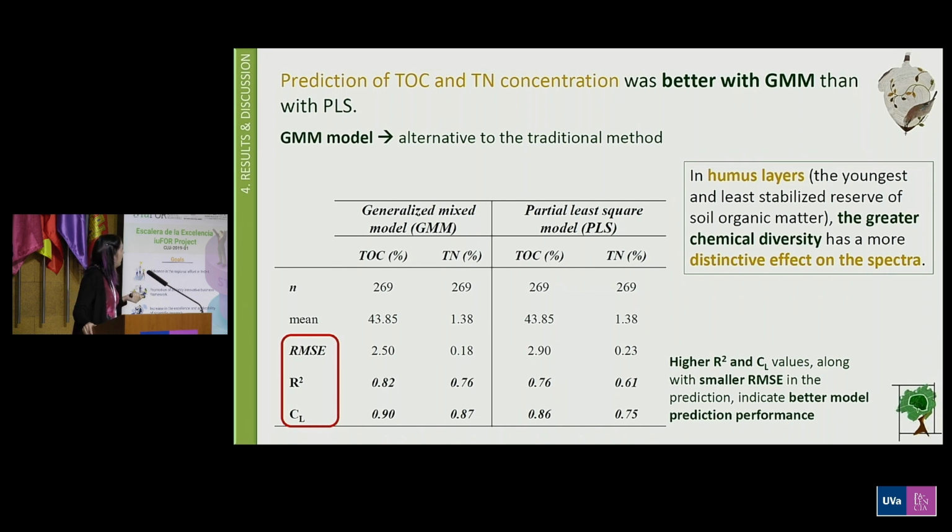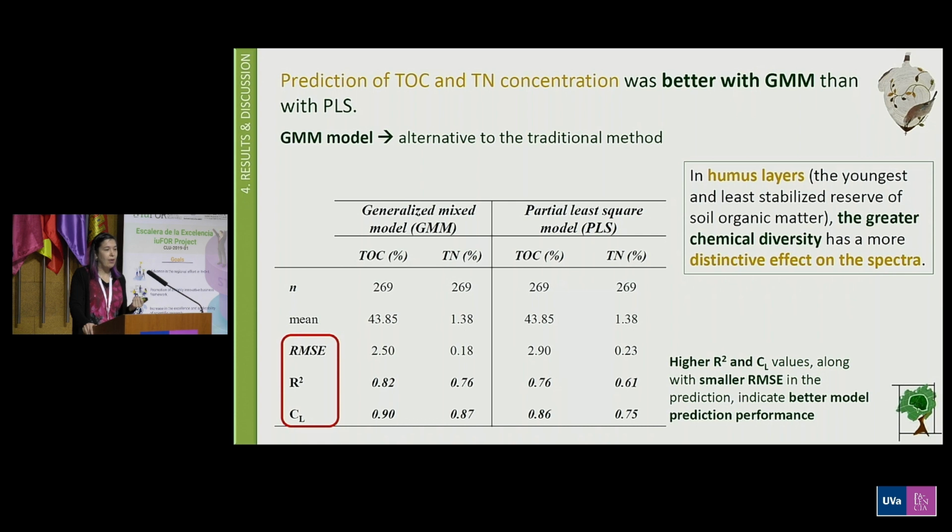What we see is that in soil, when people work with soil, the models are much better. For example, this parameter is almost 1, which is great. But our results are in line with other works that work with litter samples, and moreover, our results with the generalized mixed model are better. So the model predicts better the concentration of these two parameters than in other works.